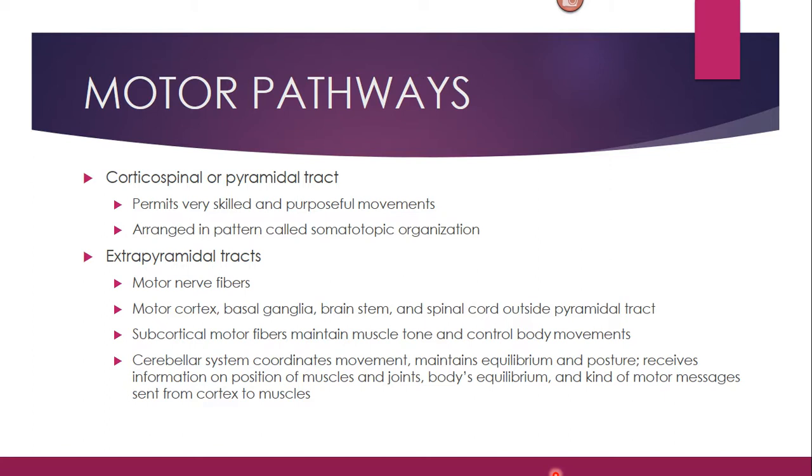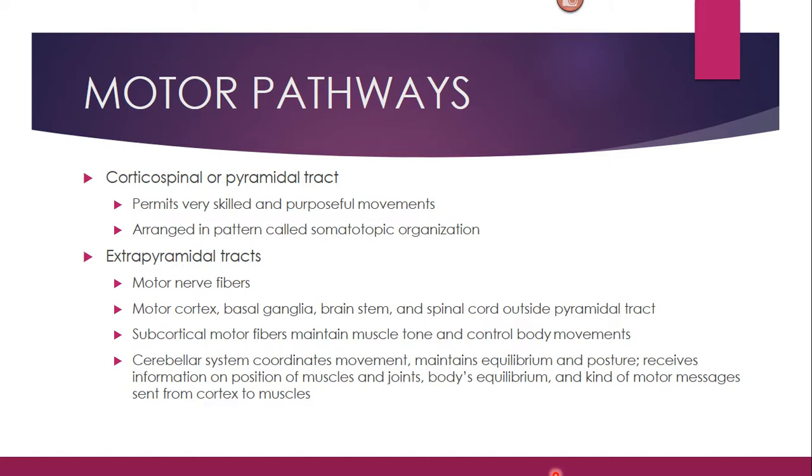We also have extrapyramidal tracts, which are where our motor nerve fibers are, and which encompass our motor cortex, our basal ganglia, brainstem, and spinal cord. They maintain muscle tone and control body movements.